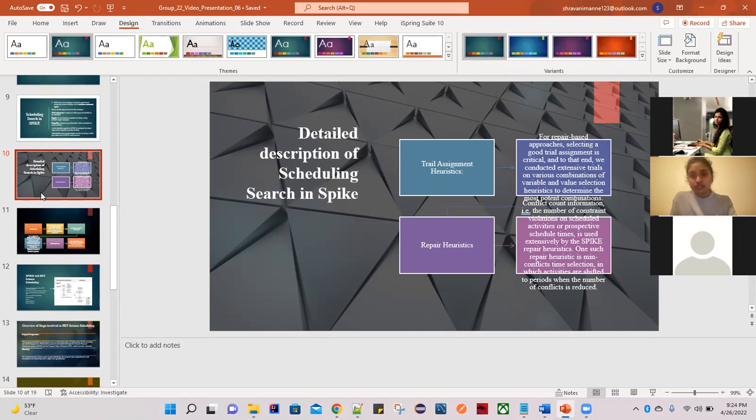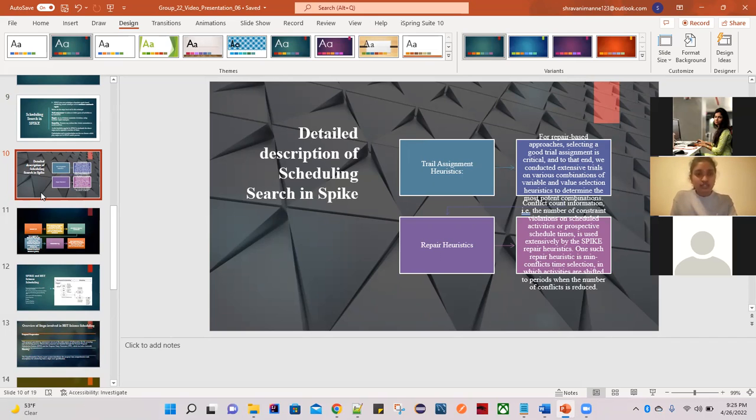In the repair heuristics, we count the number of constraint violations applied on the scheduled activities or prospective schedule times, which is then used by the SPIKE repair heuristics. One such repair heuristic is minimum conflicts time selection, in which activities are shifted to periods when the number of conflicts is reduced.